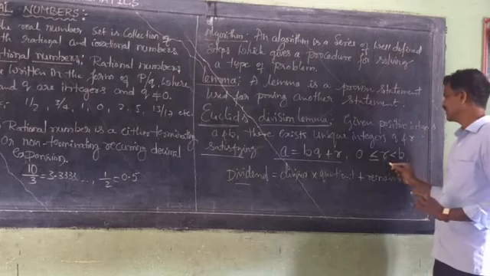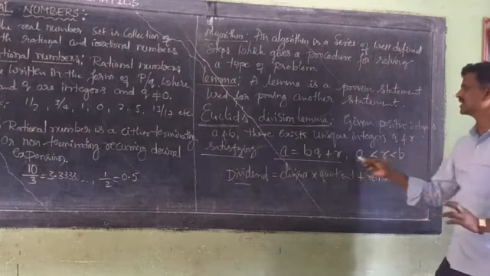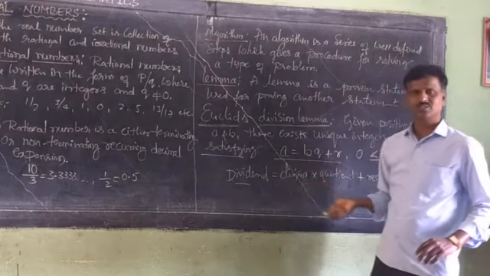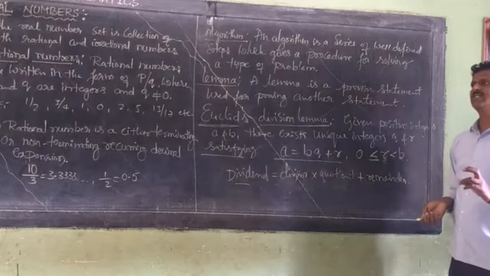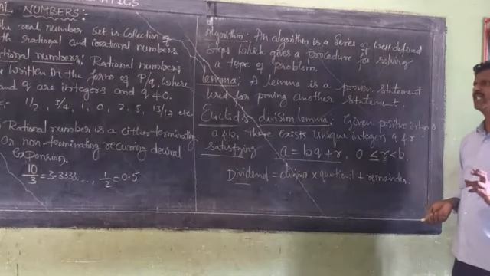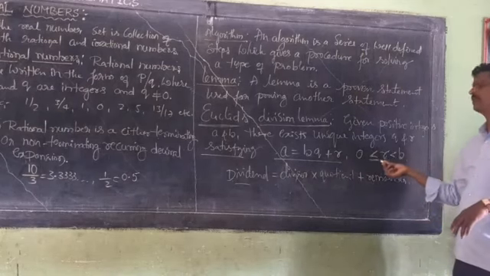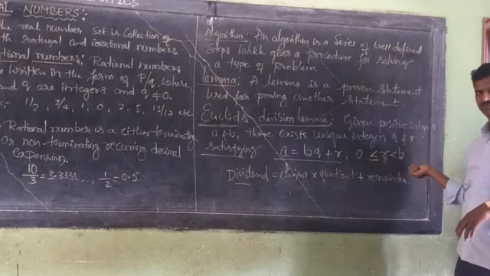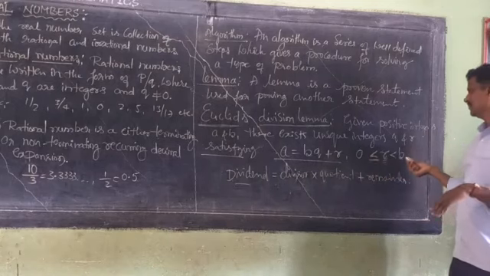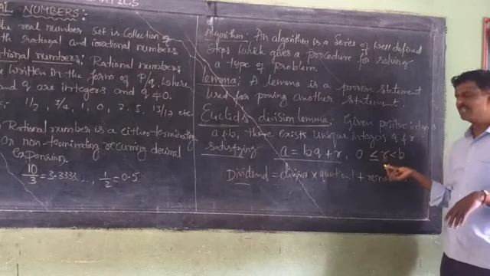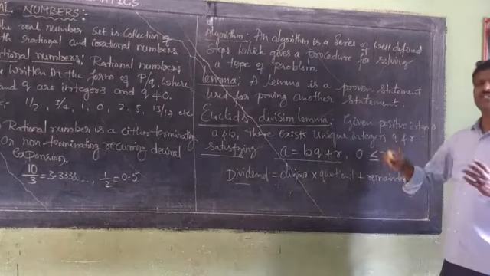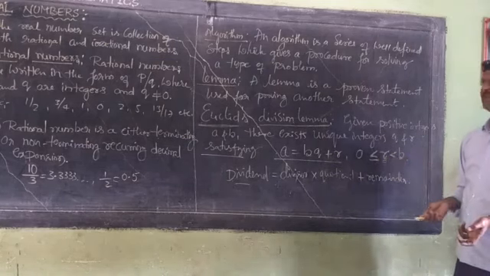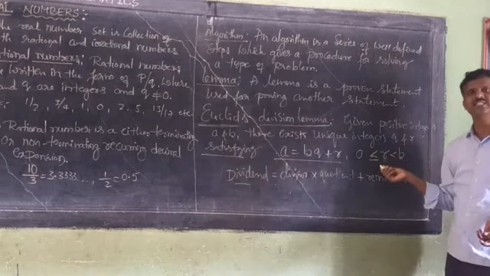That means the remainder is always less than the divisor. The remainder is either 0 or any other number, but it is always less than the divisor.